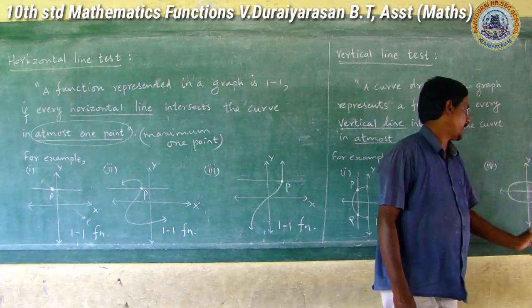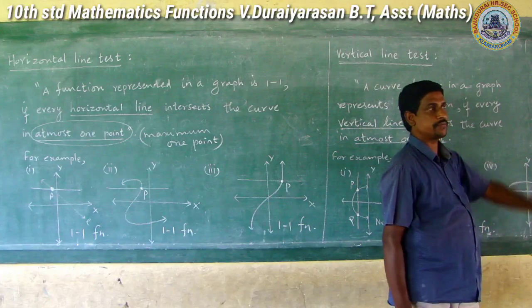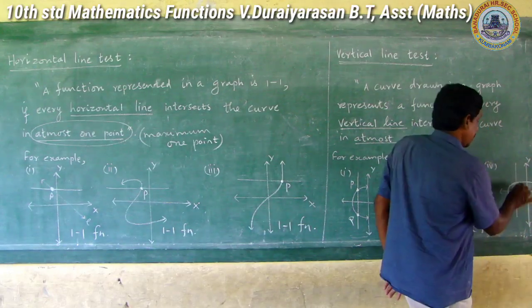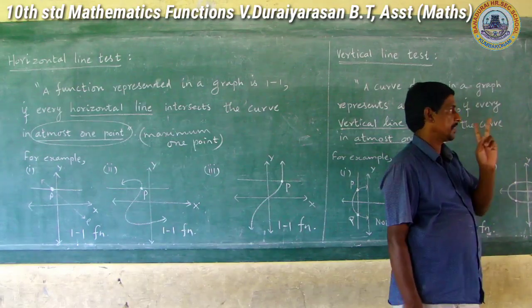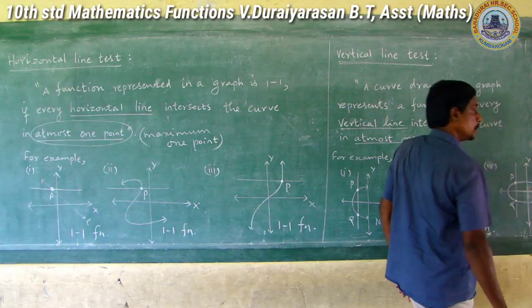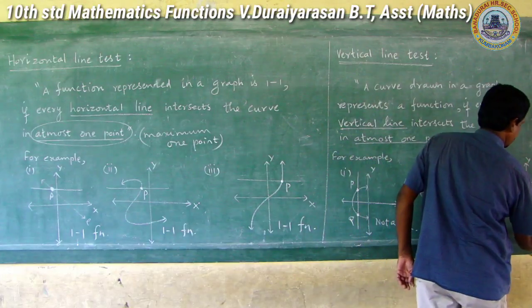Third one, what is this? The x-axis, the y-axis, and the given curve, an ellipse. Draw the vertical line; it meets the ellipse at 2 points, namely P and Q. So the third one is also not a function.